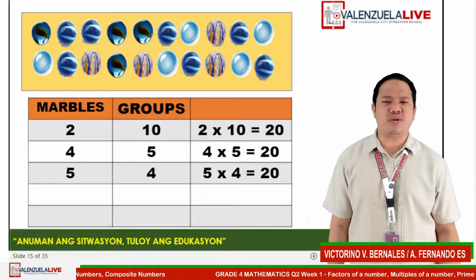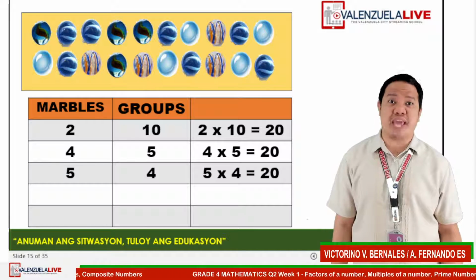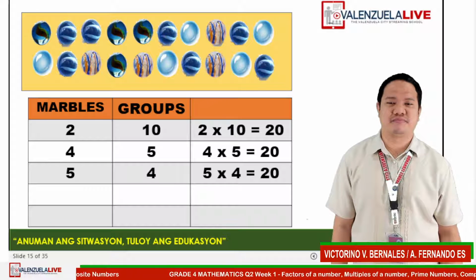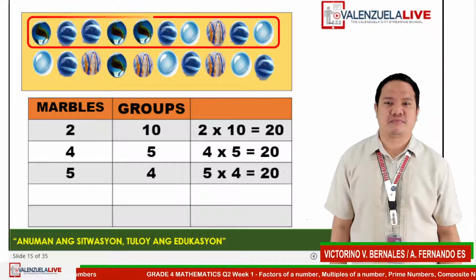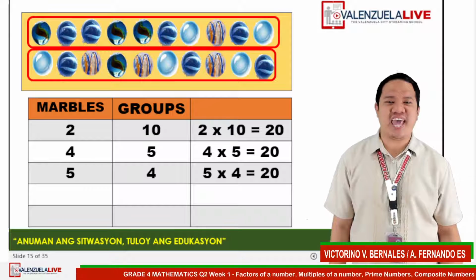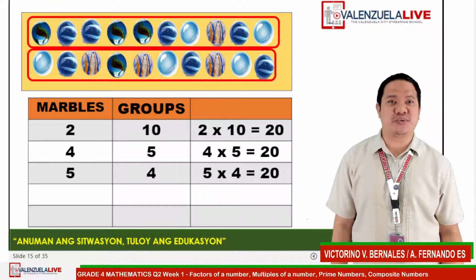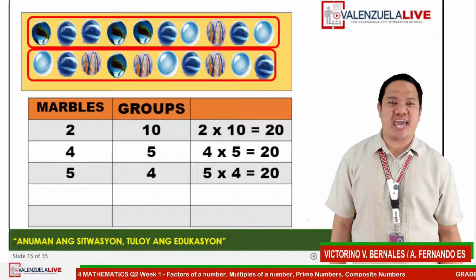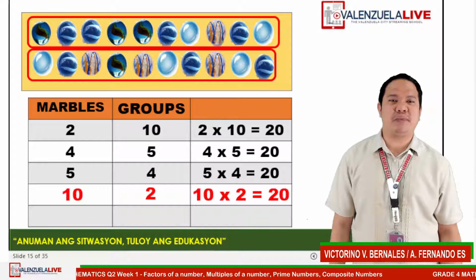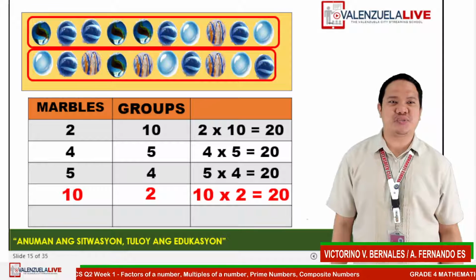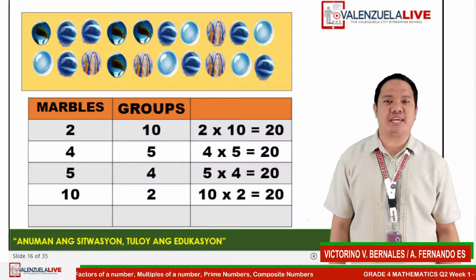What other way can you think we can group these marbles without any remainder? Yes, that is correct. Grouping by 10s will give us 2 groups. Thus, 10 multiplied by 2 is equal to 20. Let us combine all the marbles again.